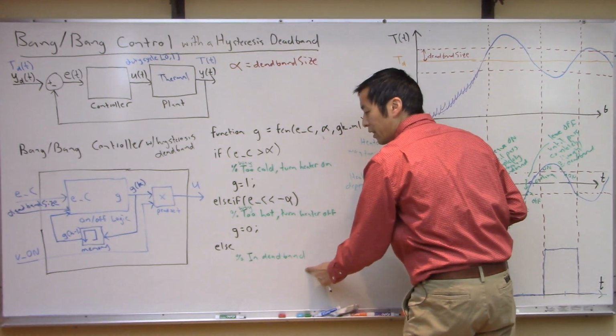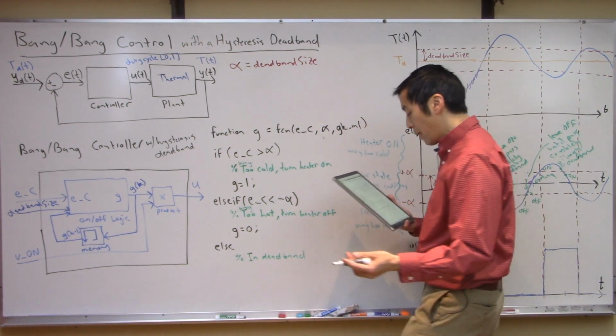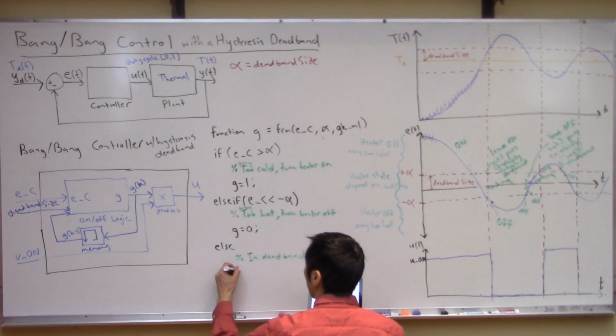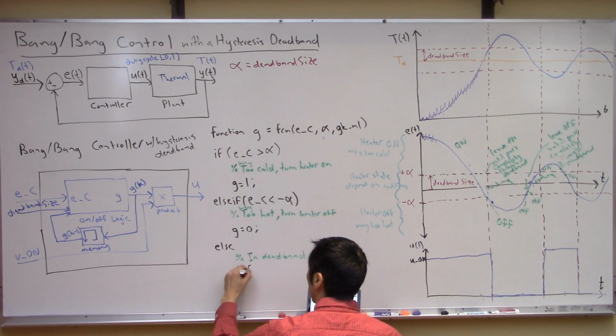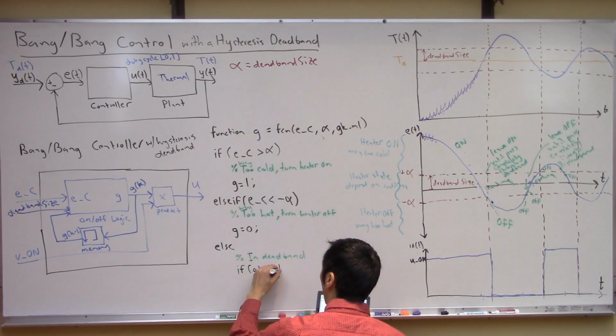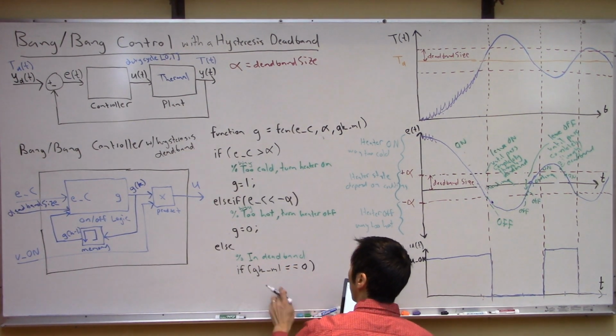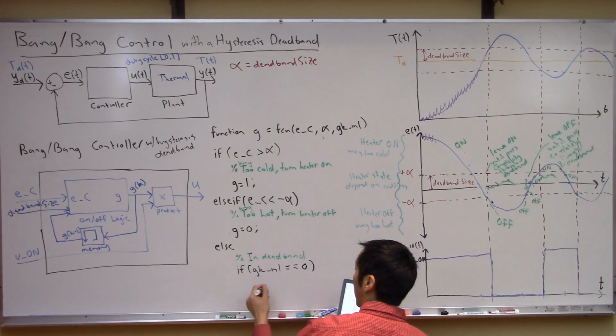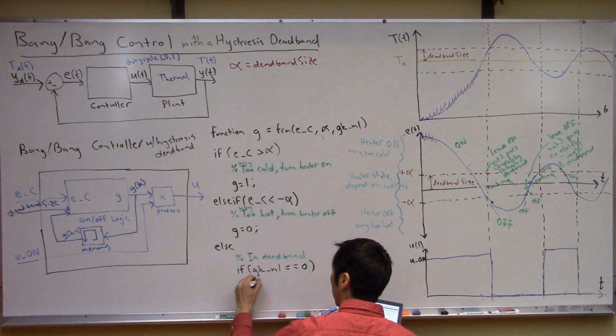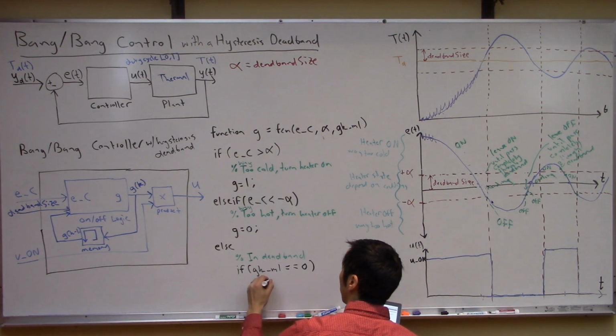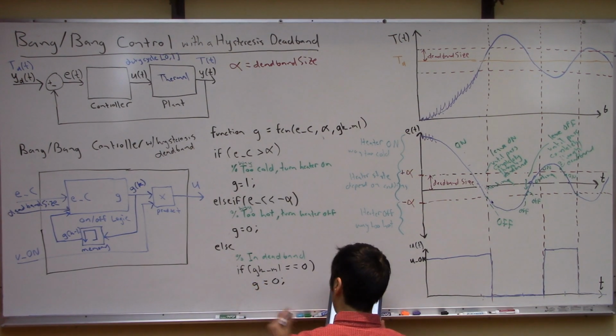This allows us to figure out what to do in the deadband. So here, if GK minus 1 was 0, just leave it off, so GK is just going to be 0.